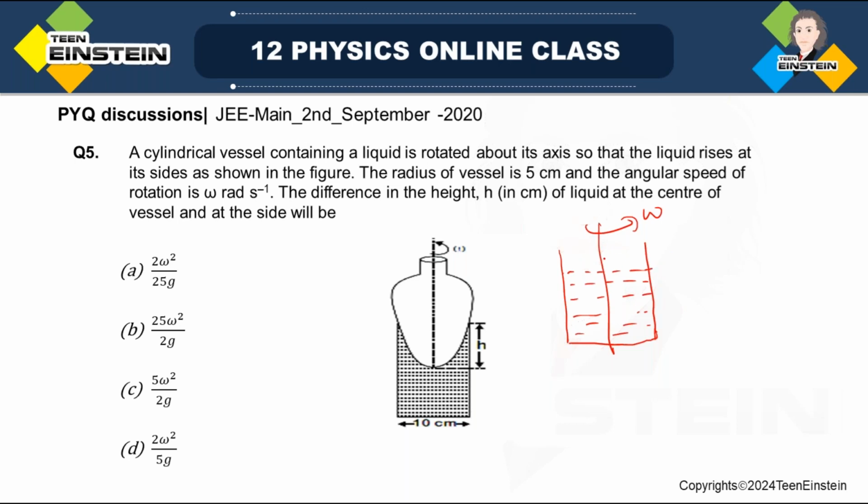You might have experienced rotating a balti, a bucket, or any kind of container. If you are able to rotate it, you will see the liquid rise at the ends like this. So this is what it is here.